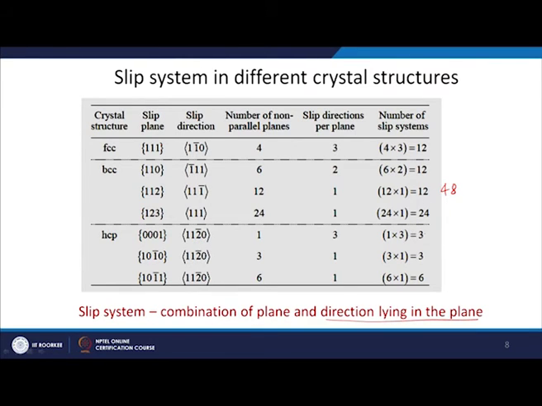So, there are 3 actually which satisfy the close pack plane and close pack direction condition. The other 2 are similar to BCC type. Okay. So, here also you get 12 systems. Okay. So, in this you can see that FCC has a very efficient slip system.